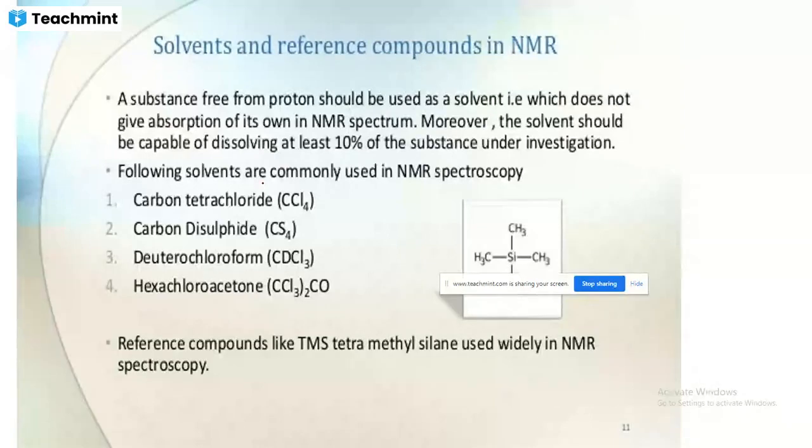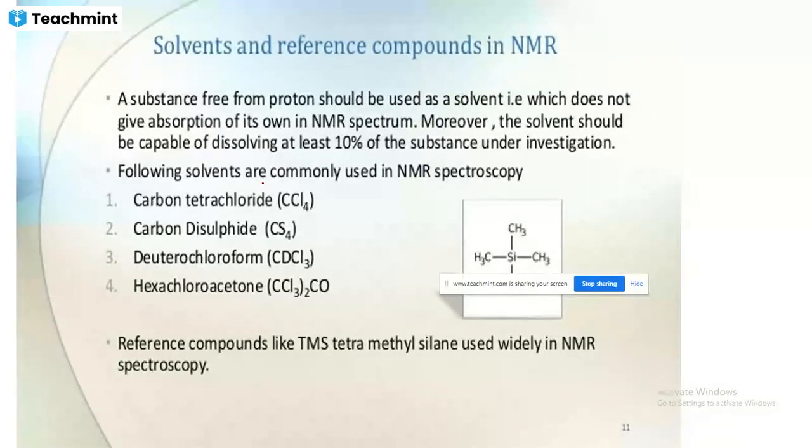So we are using TMS as a solvent. TMS is used as a solvent as well as a reference standard. So for both things we can use TMS here. Apart from TMS, another option is also there.